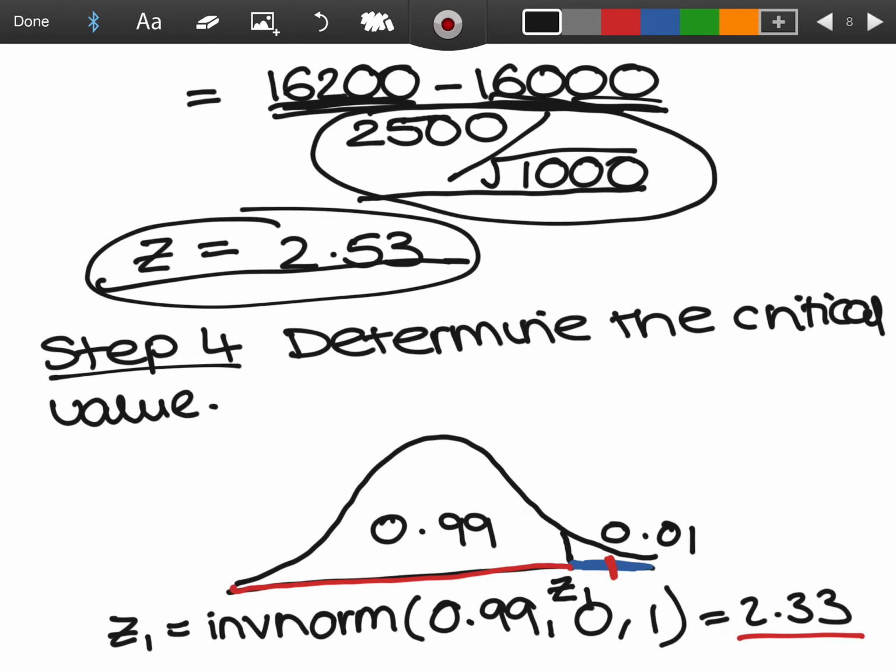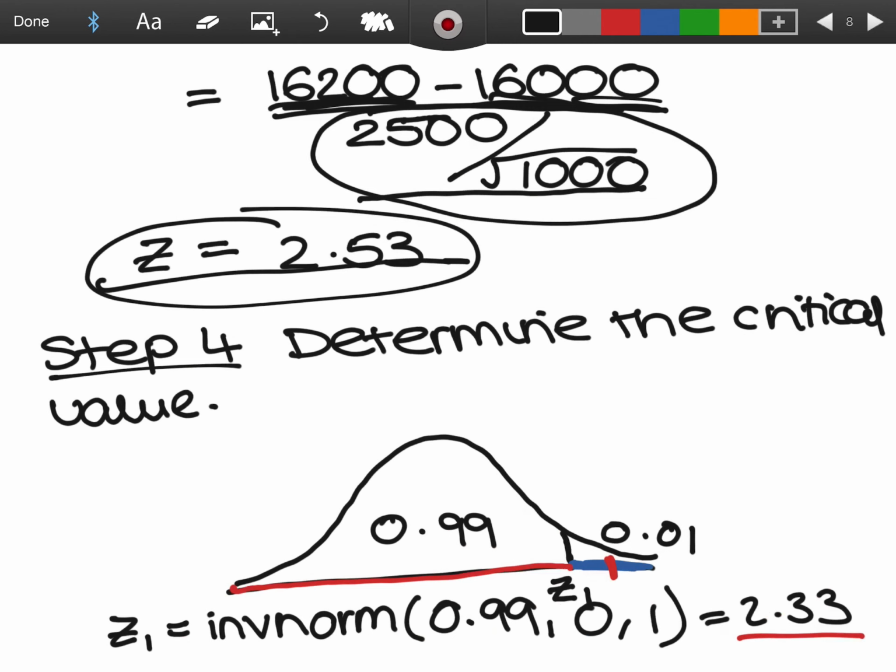Now, talking about that p-value and what it actually does for us. The p-value on your calculator, on that third line down, is the probability of observing a value of the test statistic that is at least as extreme as the value that you got for your test statistic.